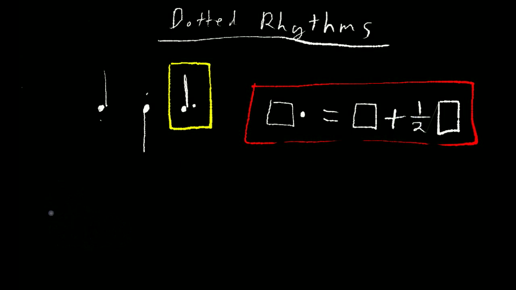All right, for our last example, let's do the whole note. So let's say we have a whole note. We've got our football right there, our little oval, and we've got our dot next to it.